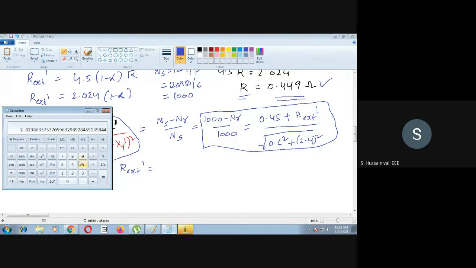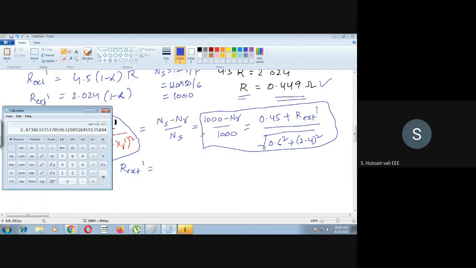Once again we will solve this. By 0.36, over the square root. Then we'll send this side, so 2.4 you will get here. What is R external from this?